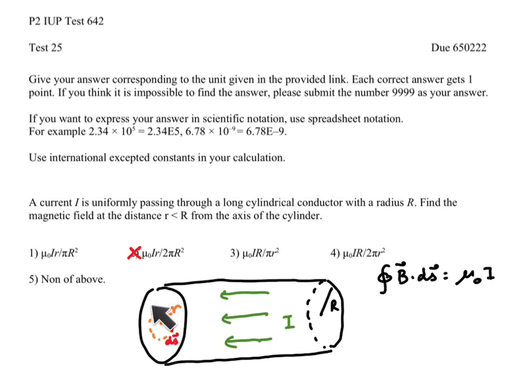So there is no reason to expect that the magnetic field here and here will have different magnitudes, because it will see the same current that passes through the loop.